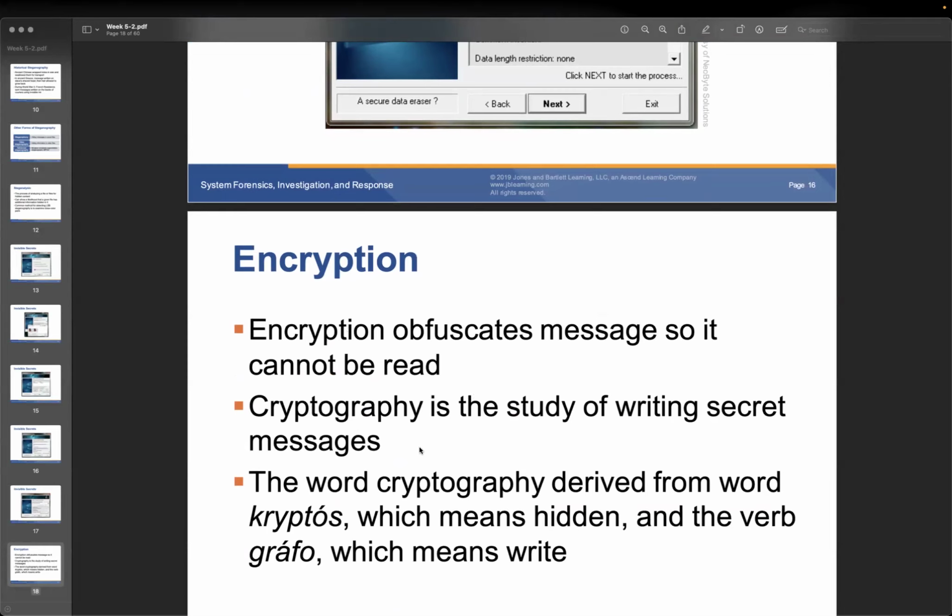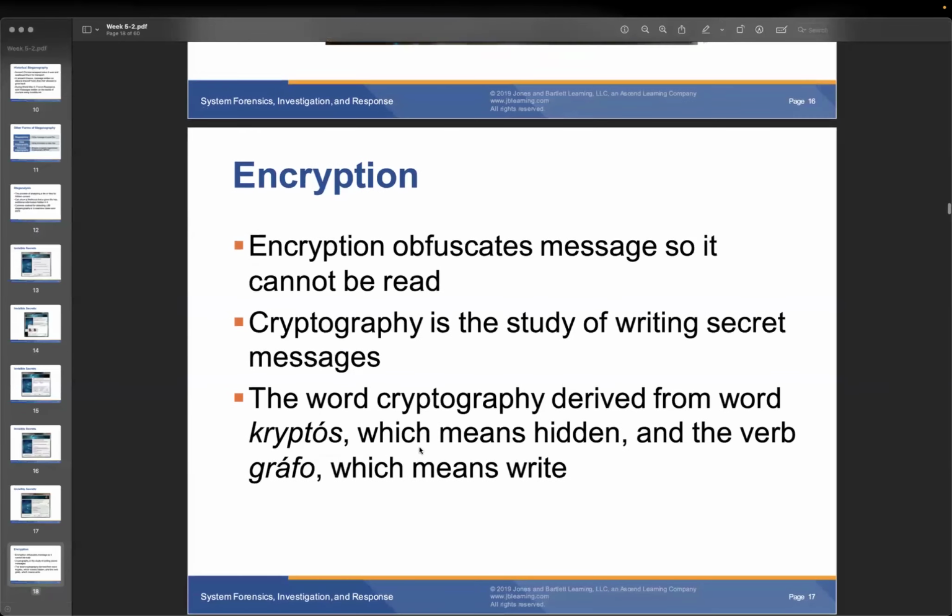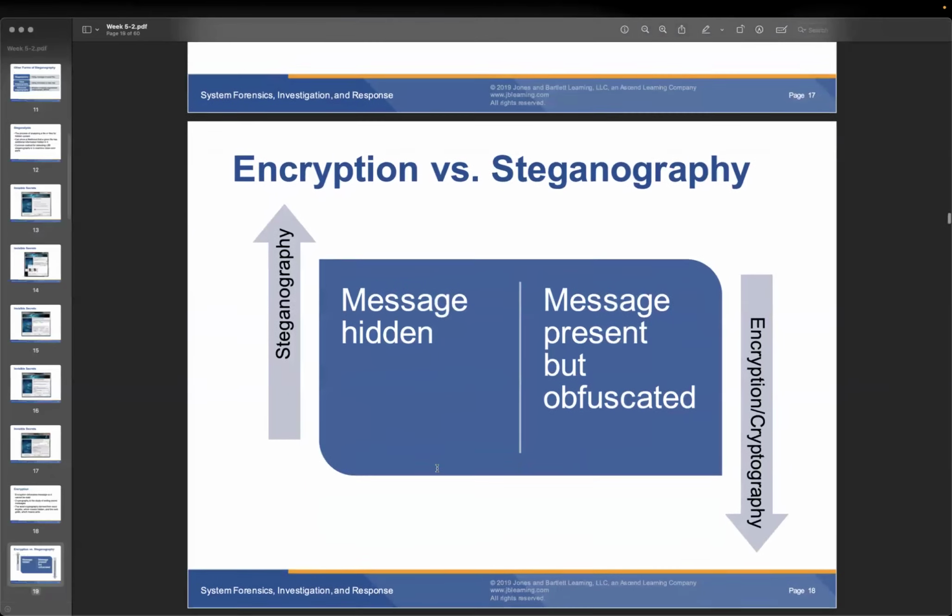If you learn in cybersecurity, you'll see symmetric and so on. The word cryptography is derived from words meaning hidden and writing. Between encryption and steganography, if you want to hide the message, it belongs to steganography.